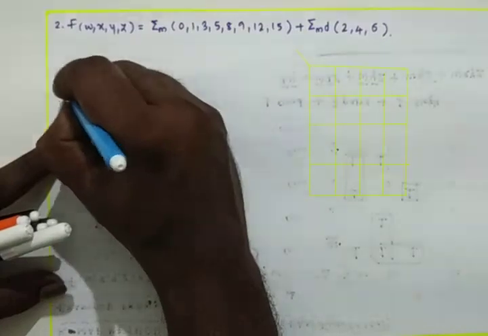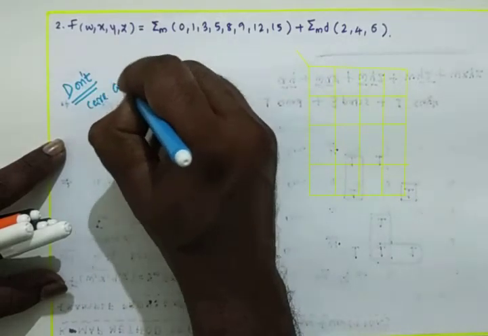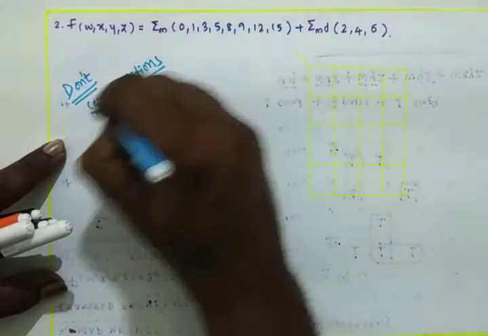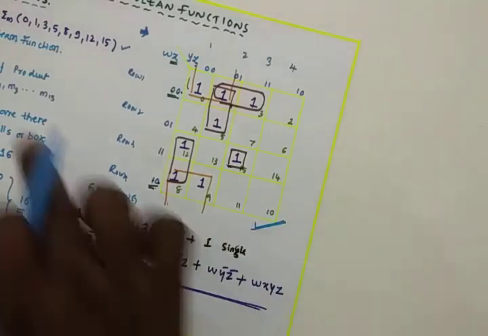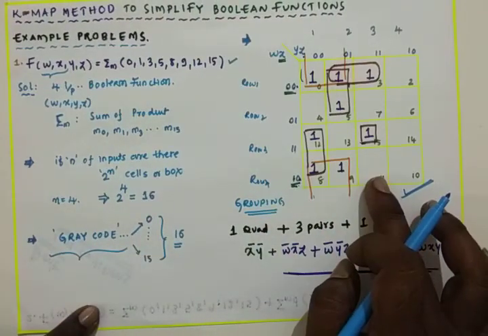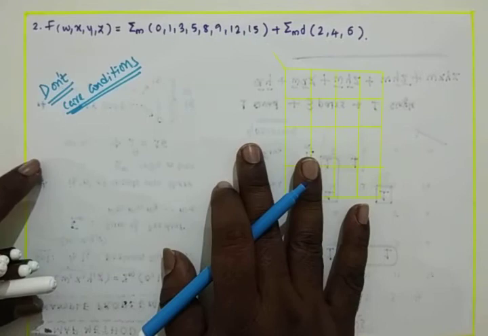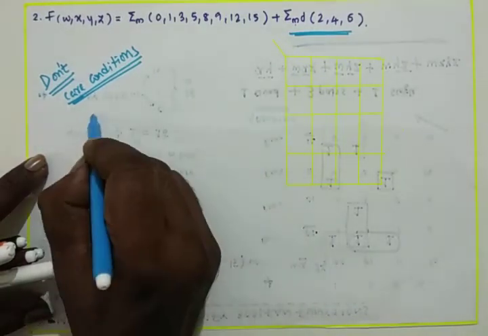Now by including the don't care condition, whatever procedure we have followed remains the same. Steps 1, 2, 3, and 4 remain the same, and from step 4 onwards we go with step 5, if it has plus sigma d, that is a don't care condition.